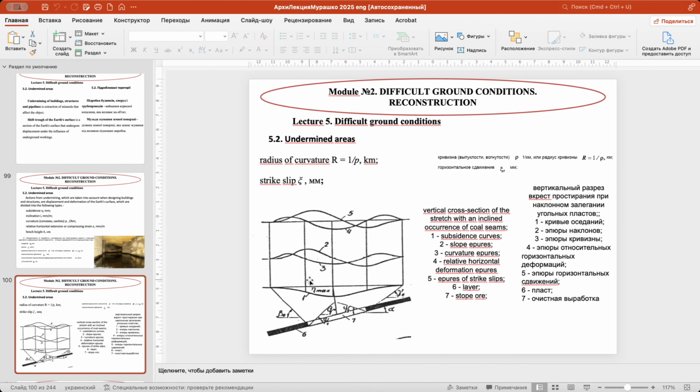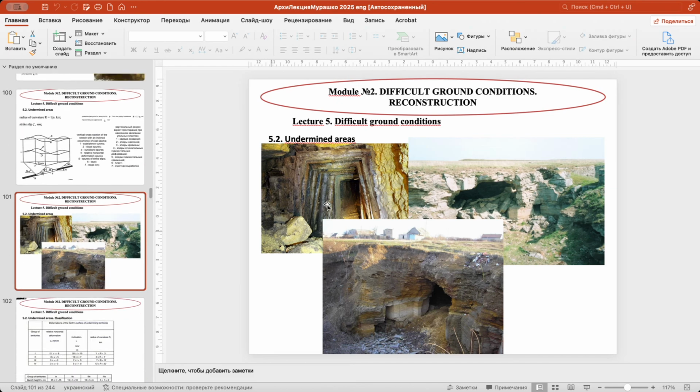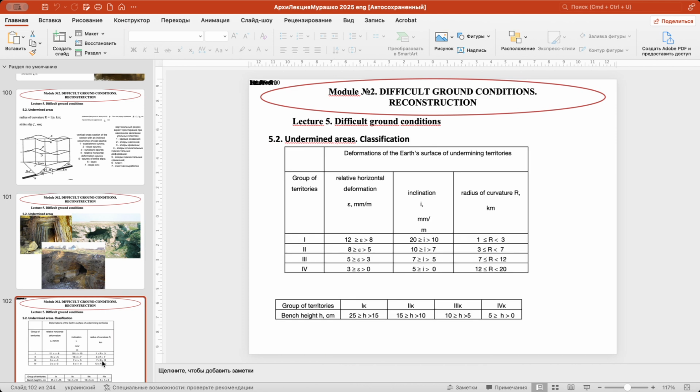Next, it's epures of curves, slope epures, and relative horizontal deformations, because it's not only vertical but can also lead to horizontal deformation, and epures of strike slips. Here are examples of such undermined areas in Odessa or other regions where people develop coal.